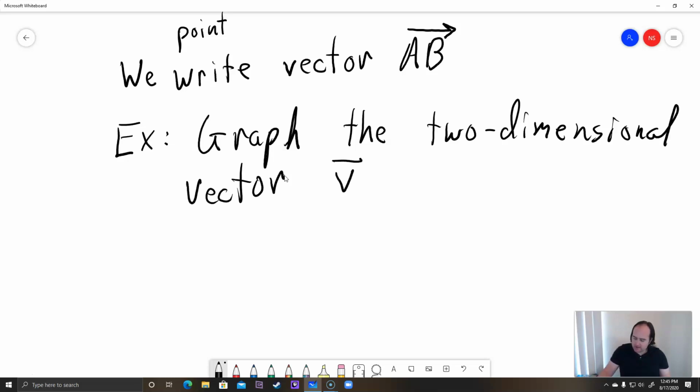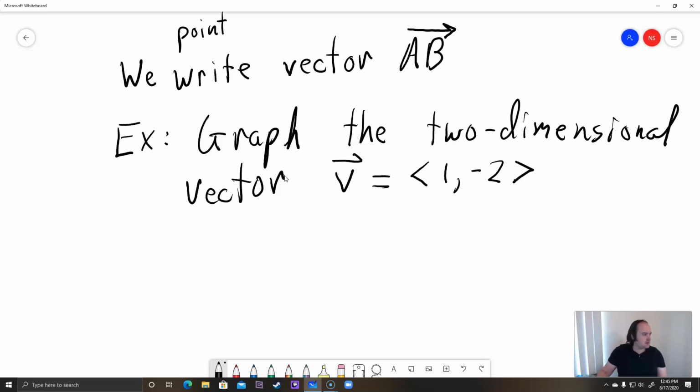I'm calling this vector v, equals 1, comma, negative 2. Now, we were calling the vector up there the vector AB. Here I'm just calling the vector v, and we want to graph it. So how do you graph this?